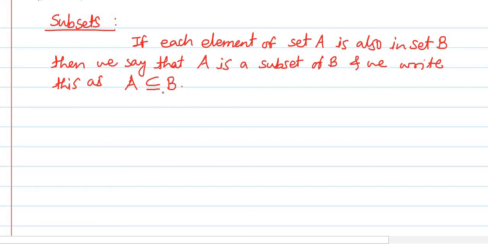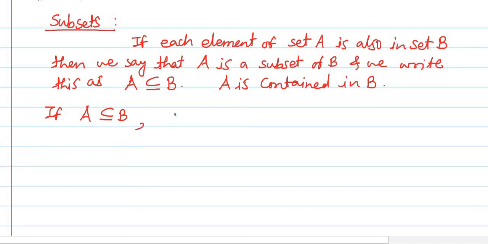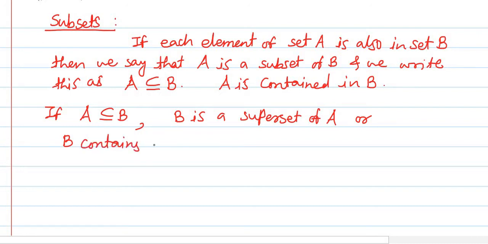Next one, if A is a subset of B, then we also call it A is contained in B. A is contained in set B. Next one, if A is a subset of B, then sometimes we also say that B is a superset of A. Or in this case, we also say that B contains A. So, contained in and contains.